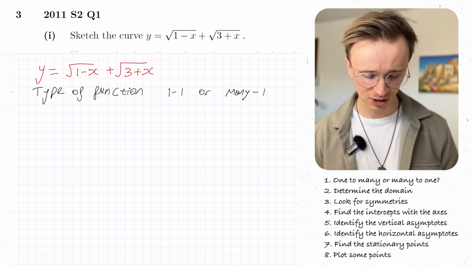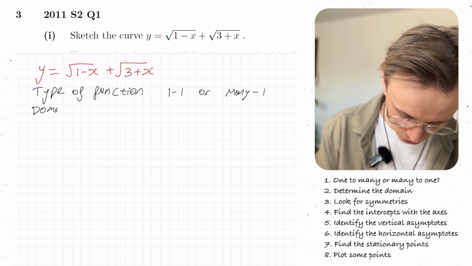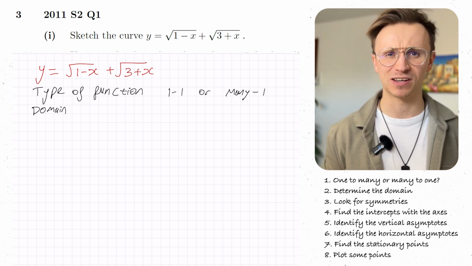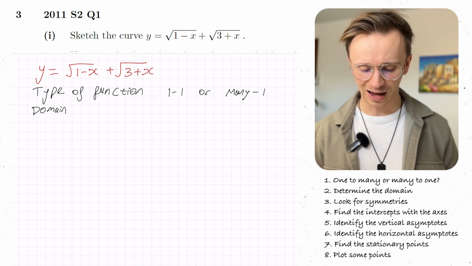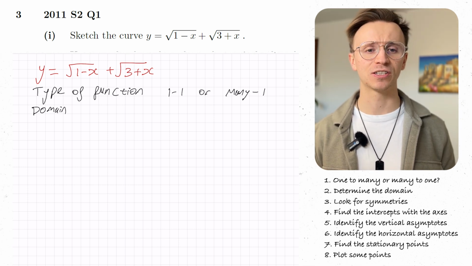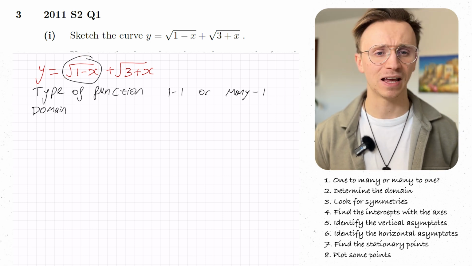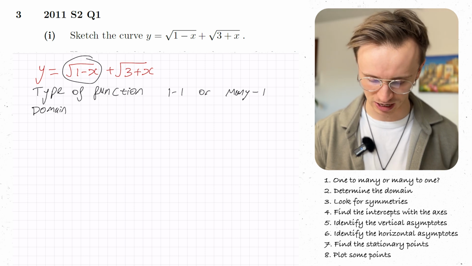Okay, so then next we want to work out what our domain is. Well, it's actually not too bad to work out our domain. I can tell here I'm not going to get any infinities anywhere because I'm not dividing by an x, but I noticed that I cannot go past x equals 1 because this first function, the 1 minus x, has to be positive or else the square root would be imaginary, which I can't have.